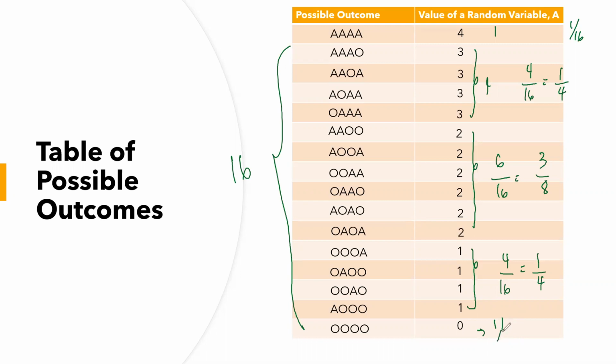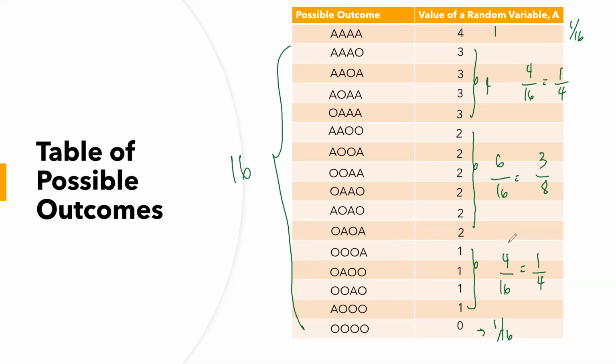Let me discuss it again to make all things clear. Why is it 1 over 16 for 4? Because there is only one outcome wherein we have 4 apples. Why is it 4 over 16? Because we have only 4 outcomes consisting of 3 apples. Why is it 6? Because we have only 6 outcomes consisting of 2 apples.